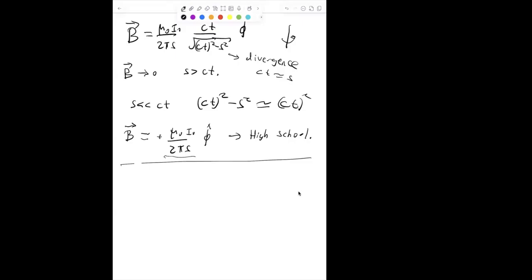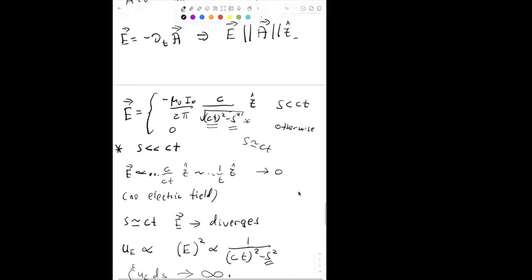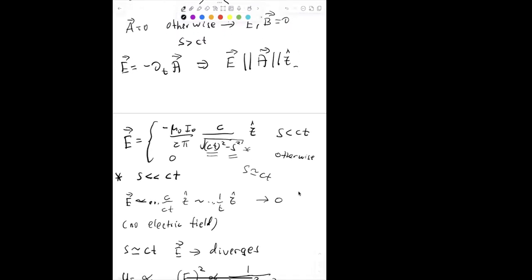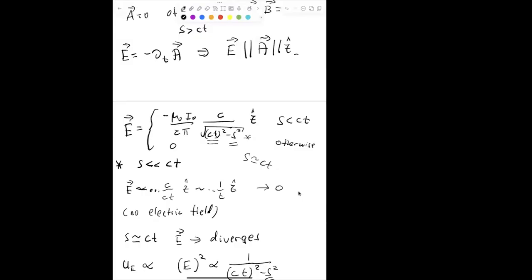Well, I said two things. First of all, why there is divergence, just from the equation. You see that if I take S equal to CT, let's say CT minus epsilon, then this will be something like 1 over epsilon.